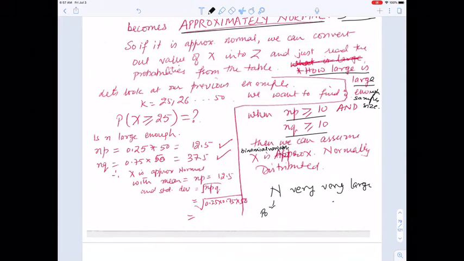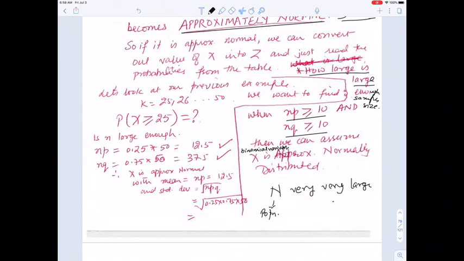What is N? Population size. Populations are typically very, very large. Okay, so we don't have to really worry about that. As long as np and nq both are greater than or equal to 10, then we can say our sample size is large enough to assume that a binomial distribution behaves approximately normal.